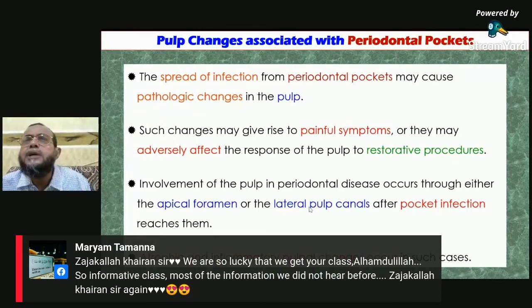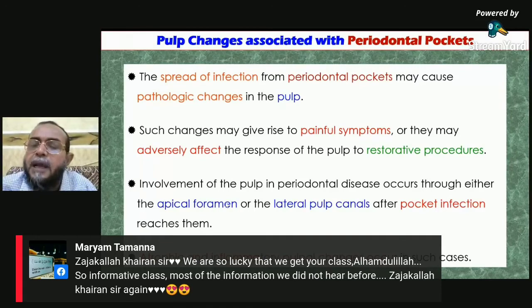So there are a lot of ways that endo-perio lesions can occur. We have a chapter on this, maybe you will find it later on. When periodontal structure is destroyed and bacterial plaque is there in the periodontal pocket, these bacteria can enter through the dentinal tubules, affect the pulp and produce pulpitis.